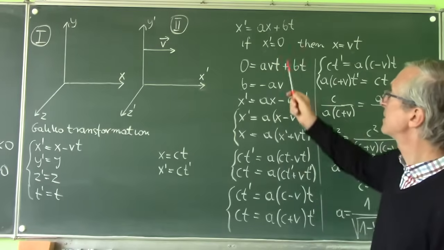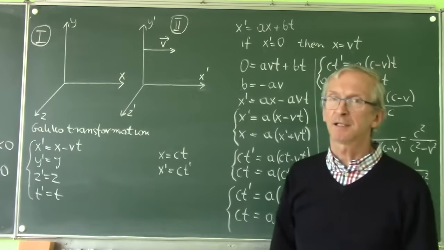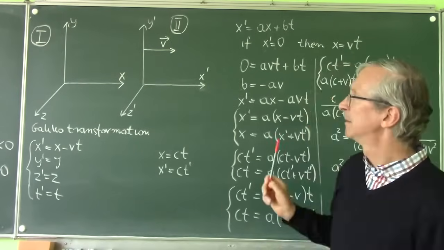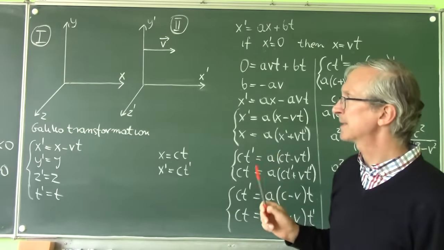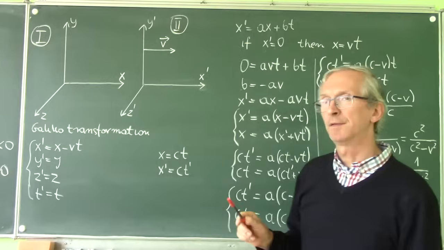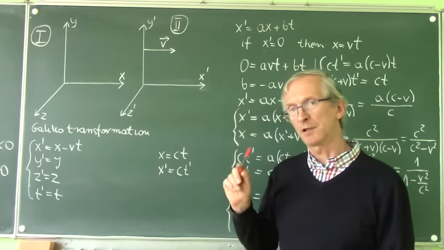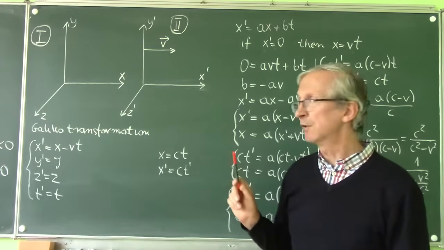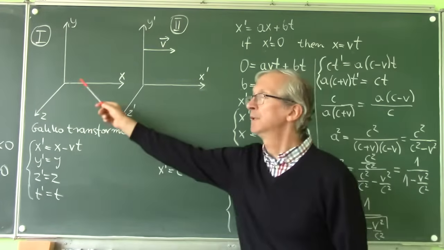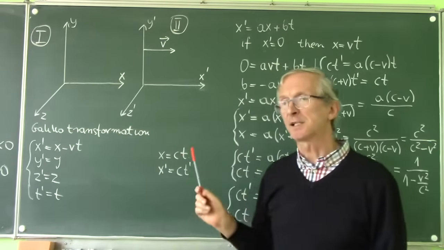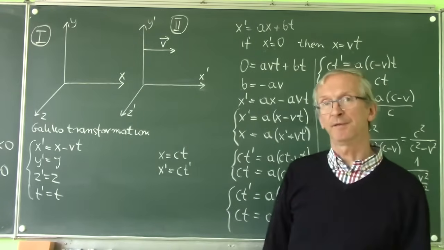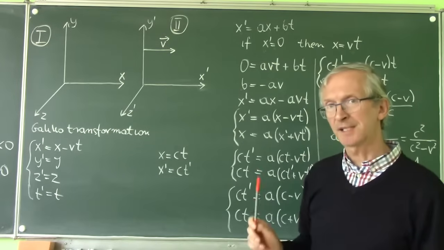It will be easy to calculate the constant b. Let's assume that for t equal to 0, the beginnings of these two frames will be in the same place.